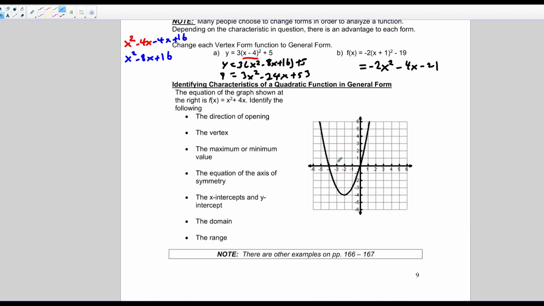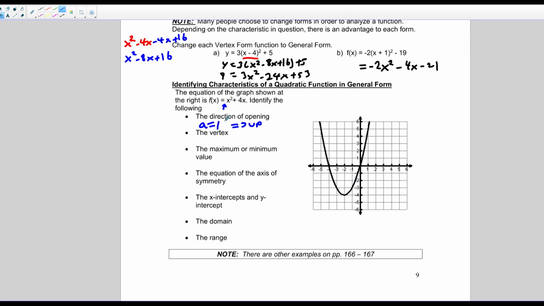So our first example here, we're given the graph of the function f of x is equal to x squared plus 4x. We're going to identify some characteristics. First of all, the direction of opening. In this case, we know that our a value is just equal to 1. That's a 1x squared, so that means our direction of opening is up. It's very obvious.